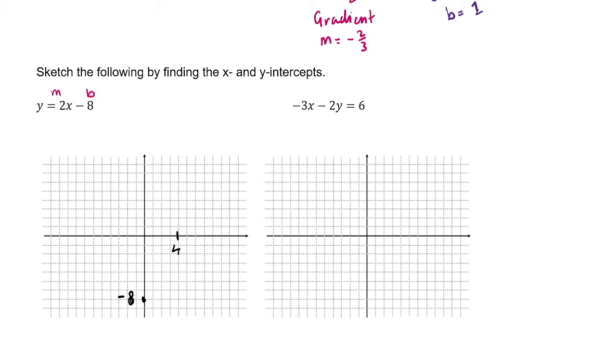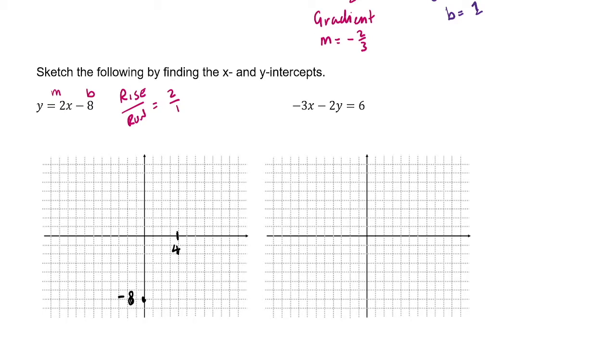You don't really need to put every mark on there, just as long as you have the two main points labelled. So why have we gone to 4? Our gradient is 2, so our rise over run is 2 over 1.